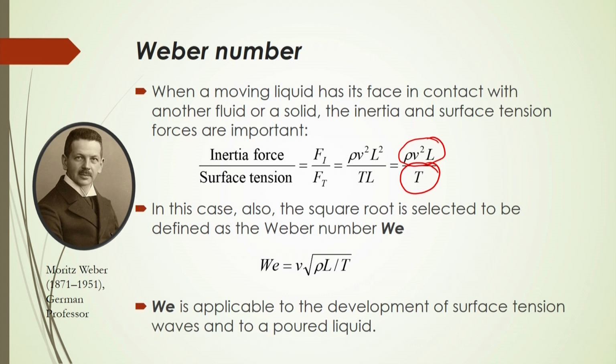The Weber number is also applicable to the development of surface tension waves, and to a poured liquid where droplet and bubble flow phenomena are important. Some examples, as I have told: absorption of gases in a liquid medium, or gas-liquid reactions where gas is dispersed in the liquid medium as a dispersed phase of bubbles.